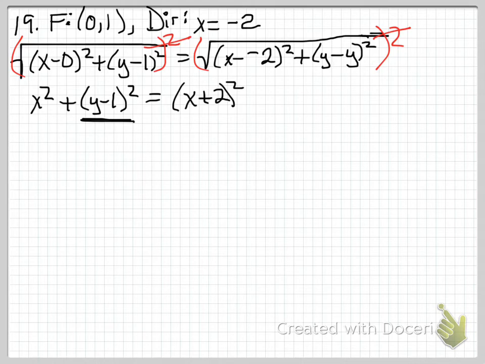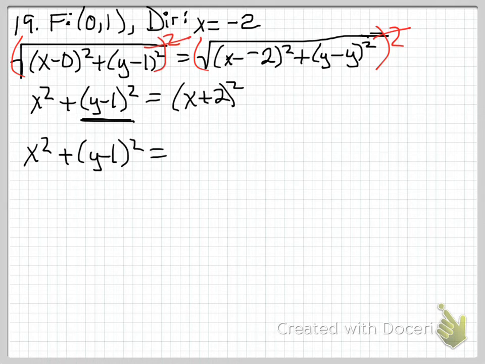Okay, we're going to expand our x's, okay? And one of the things to remember is that whichever variable you have 2 of, that's the one you're going to expand. The one that you have 1 of, that's the one you're going to leave alone. Okay? All right, so on the left side, we have x squared. Nothing's going to happen with that. It's just x squared. And then we have plus y minus 1 squared.